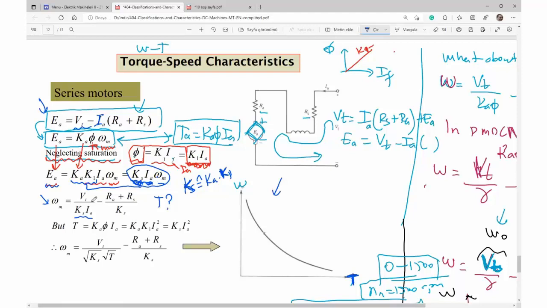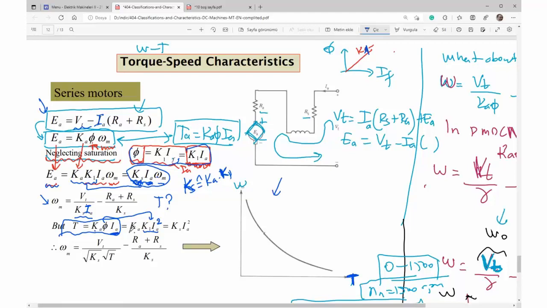So here's current. Torque, you know, torque is a function of field and current. So Ka is here. Instead of flux, you substitute K1 times current, here it is, but here's another current, so here's armature current squared.